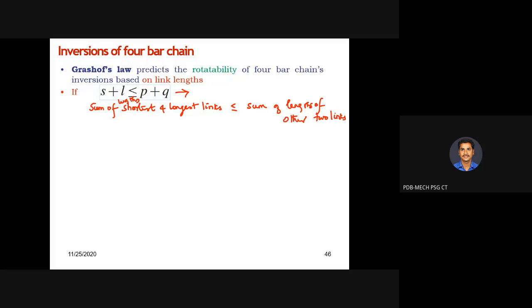So if this condition is satisfied, definitely at least one of the links will be rotating a complete revolution, so that it can be comfortably connected with your prime mover, because your prime mover is rotating continuous 360 degrees.